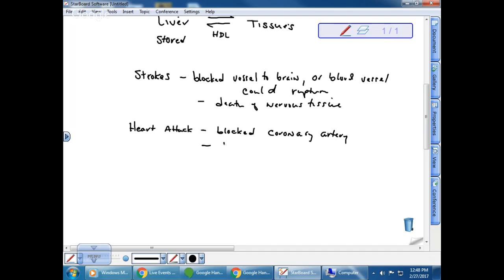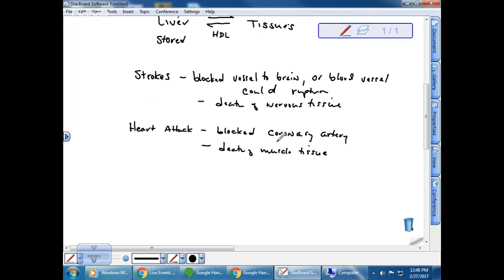And so we can get death of muscle tissue. And so the muscle can be weakened to the point where it is harder for it to pump, and then you can get heart failure, or it could just cause death. Right? So if the heart just stops beating because it is deprived of oxygen, then it can lead to heart attack. Okay.